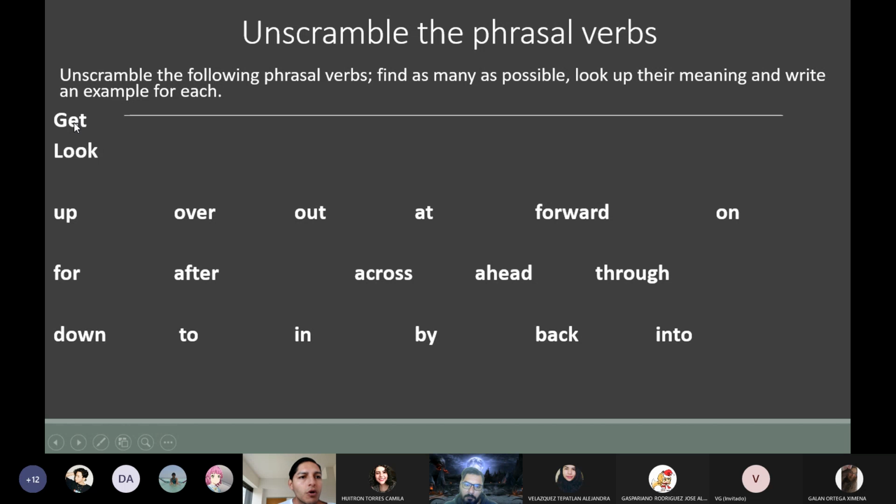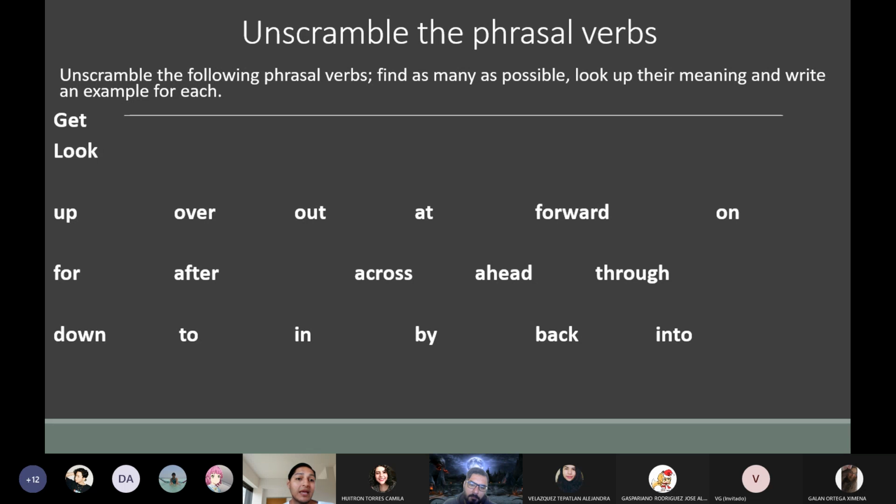Or get up, to stand or to raise yourself. That's a basic one that everybody knows, I'm almost sure, or that you're likely to learn, compared to learning get down to, which means to start working hard.